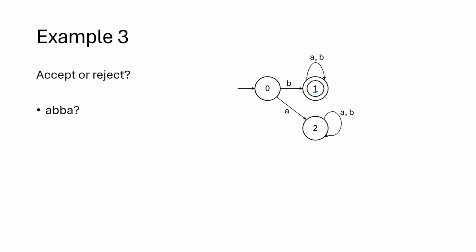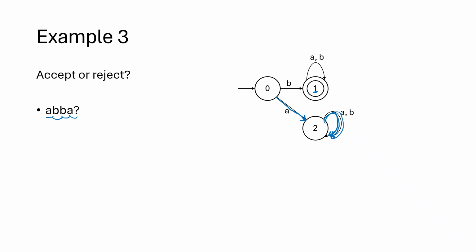So if our input is A, B, B, A, what happens? We read A, we transition to state number 2, then we read the B. With this loop here, we stay at 2, and then we read another B, again using the same loop, we stay there, and finally we read A, and we stay there as well.